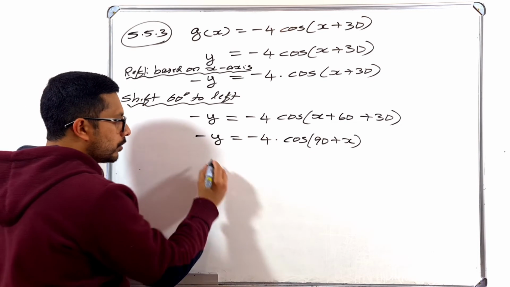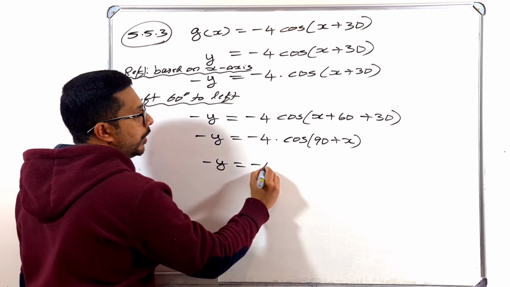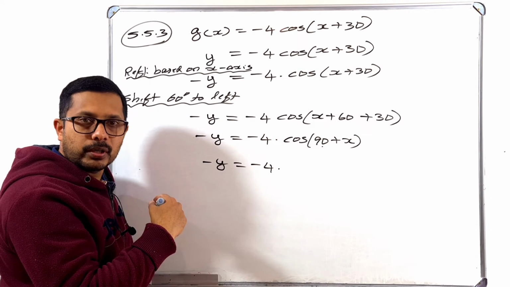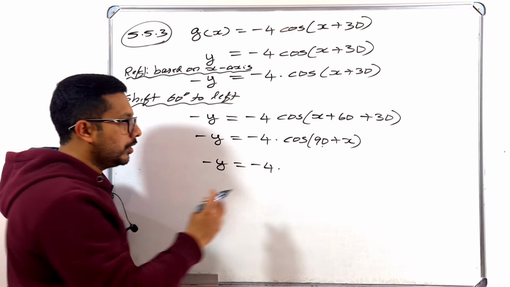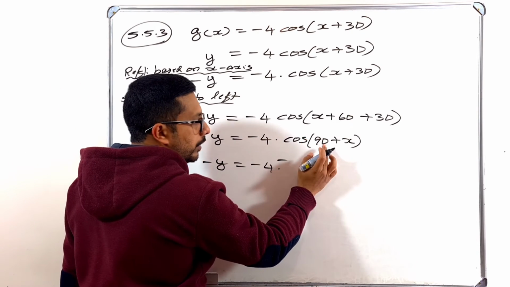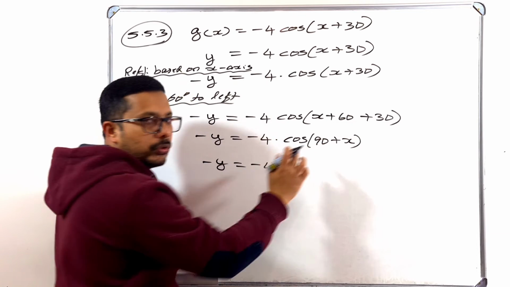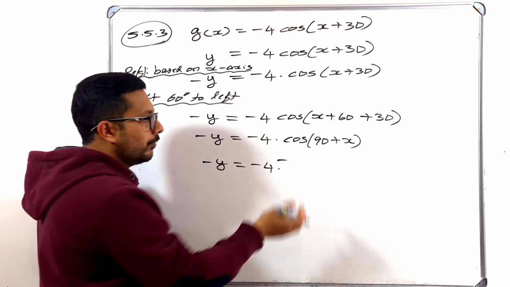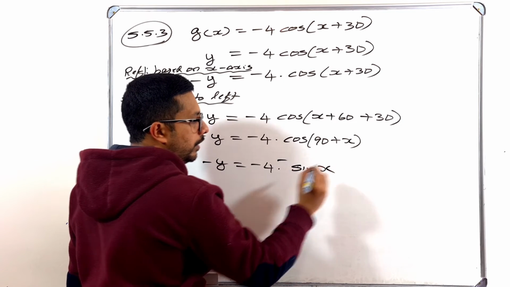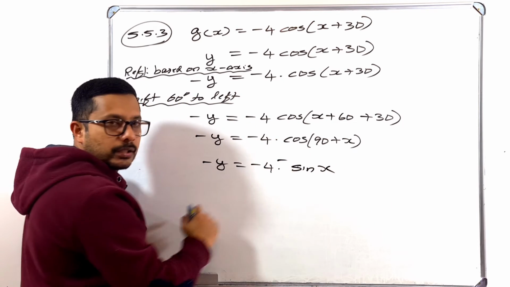Here what? Cos. Okay, so minus y is equal to minus 4 into cos of 90 plus x, which is in the second quadrant. In the second quadrant, sine is positive. Here what? Cos. So it is negative. Then if it is based on 90, you have to change to its co-function. What is the co-function of cos? Sine. So it is sine x. Minus into minus is positive.